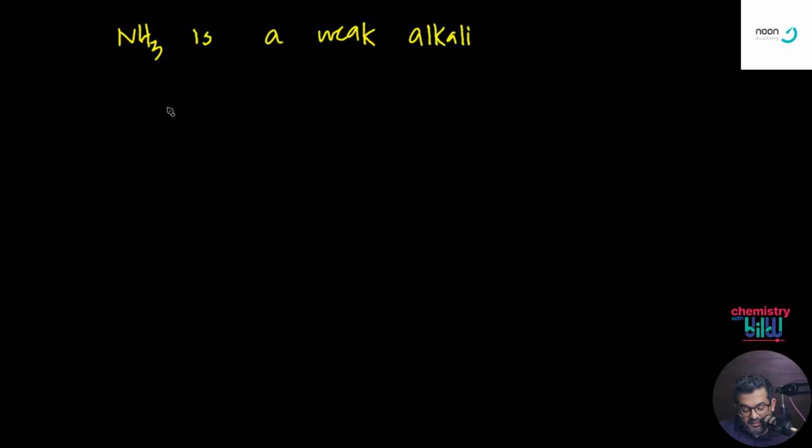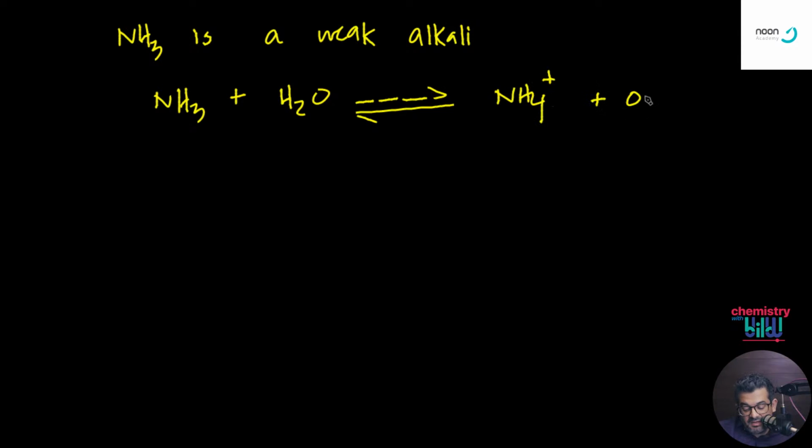Now how do I know that? The way I know is that when I mix ammonia with water, it ionizes in water, but just a little bit. These dotted lines mean just a little bit. We will do equilibrium later, so I don't want to get into what these arrows mean.